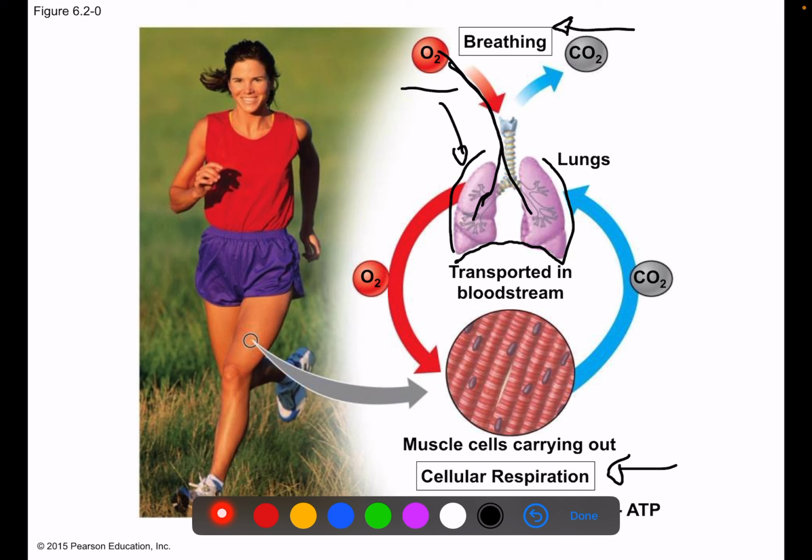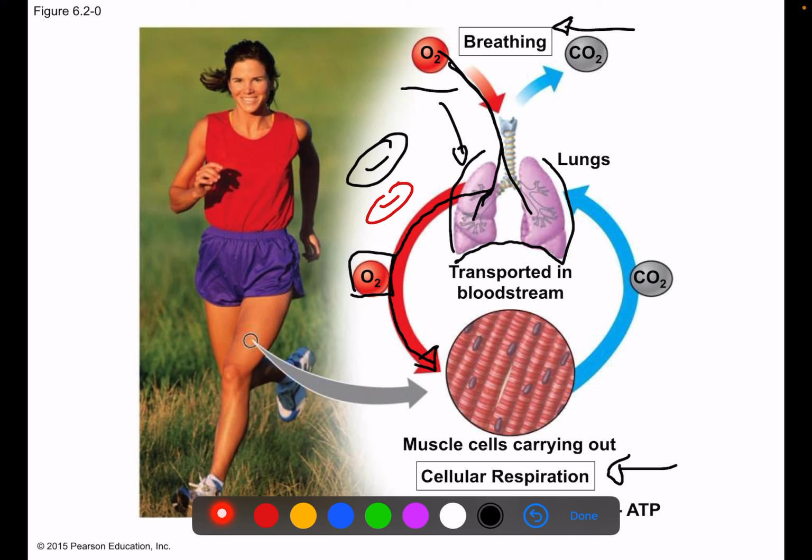Once inside, the oxygen moves into our bloodstream, and that's how we transport oxygen to all of our cells. You might know that the oxygen is traveling inside of red blood cells, the ones that you saw in the cell structure and function lab.